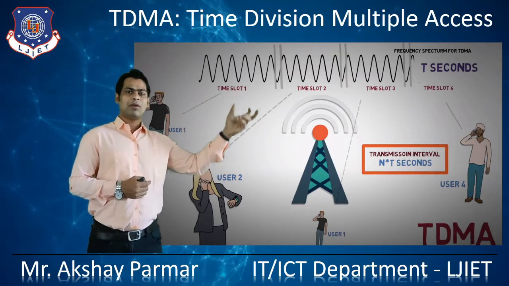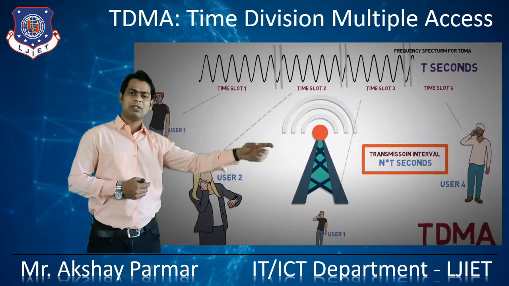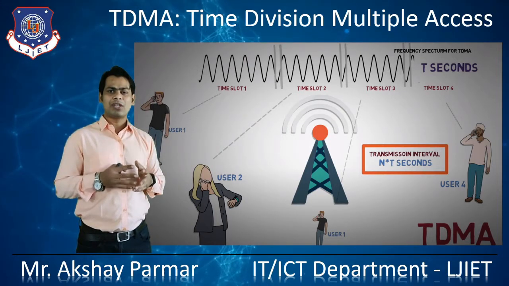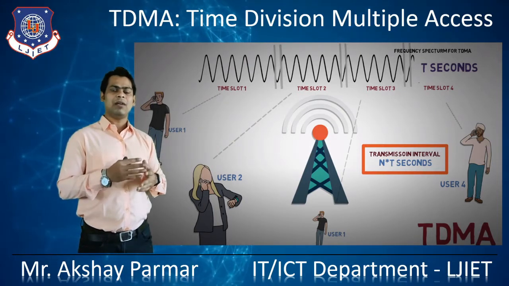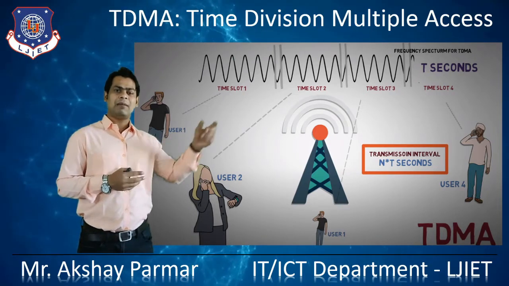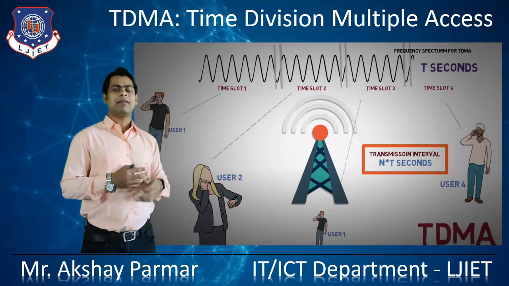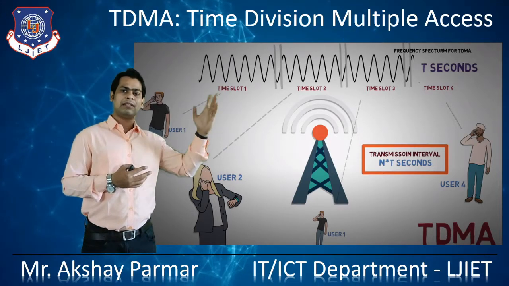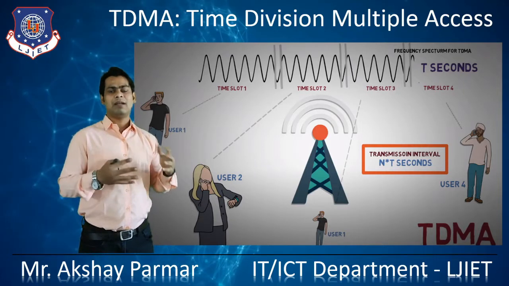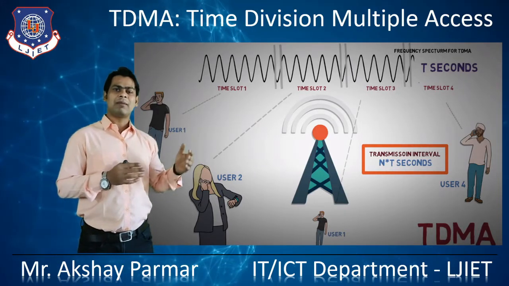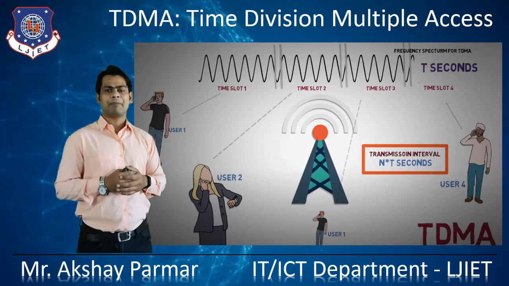Between two time slots, we have a transmission interval. By that, we are avoiding collision of the two time slots. If we did not have that transmission interval, then their data might collide and interfere. So that is how time division multiple access works.